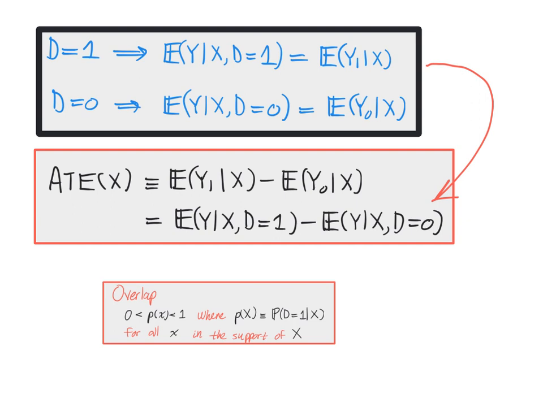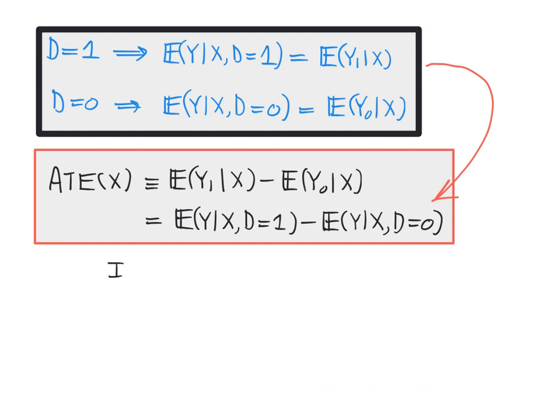For that to be the case, there need to actually be some people who are treated and have that particular value of covariates, and some people who are untreated and have the same value of covariates. This is precisely what the overlap assumption guarantees, because it tells us that for any value of the covariates x, there are some people who are treated and some who are not.